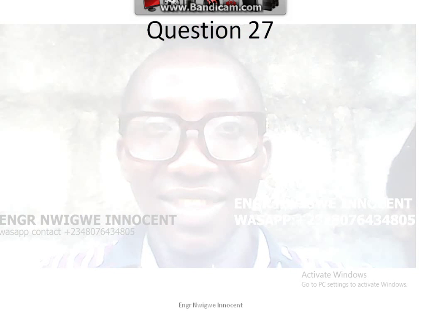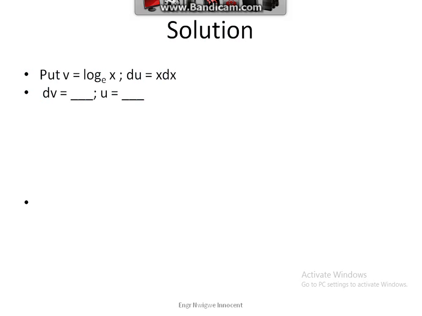Question 27. Evaluate the integral of s log to base e of s ds. Solution. Put v equals log base e of s, while du equals s ds. Then dv is equal to 1 over s ds, while u is equal to s squared over 2.